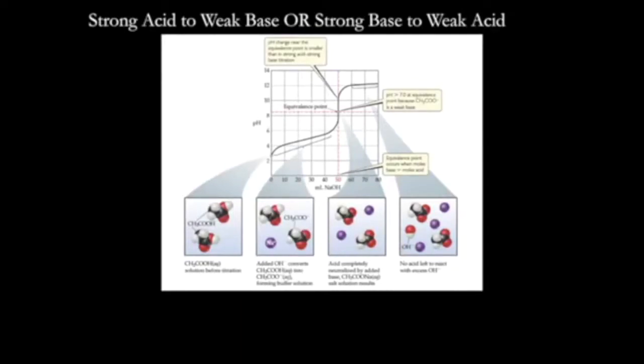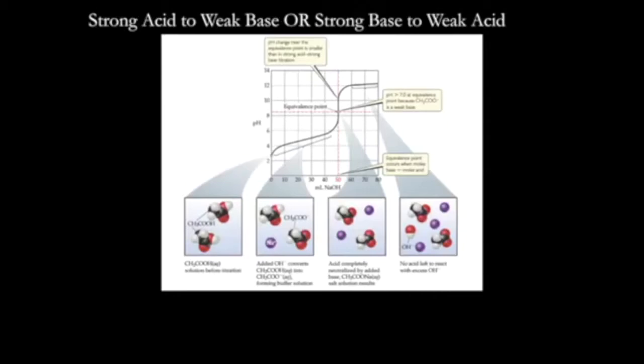If you start right at the beginning of this titration curve, notice it's not quite as flat as the strong acid, strong base titration. You start off with your weak acid and you're adding your strong base, so the pH is going to increase quite a bit more drastically than in the previous problem with a strong acid and a strong base.